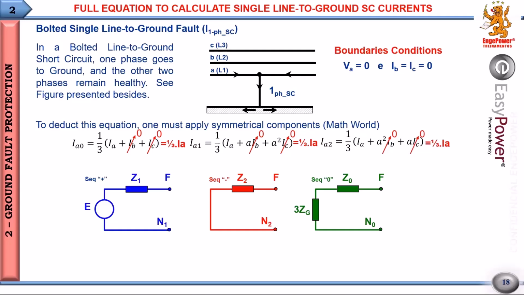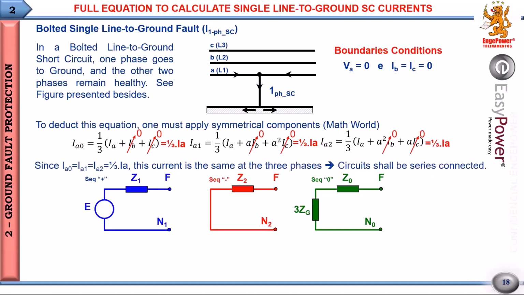In other words, these three circuits have the same current, meaning they are series connected. So it's what this figure is showing right now.